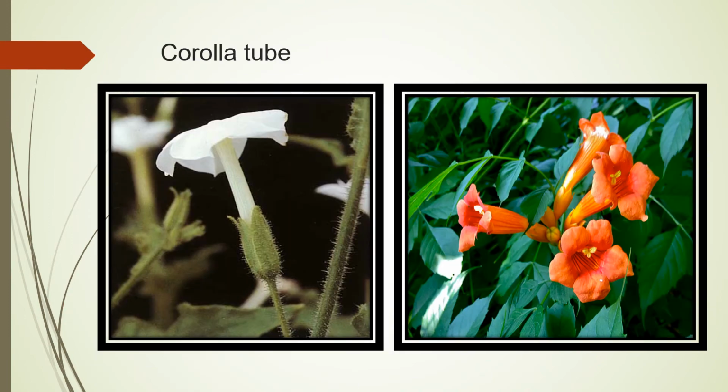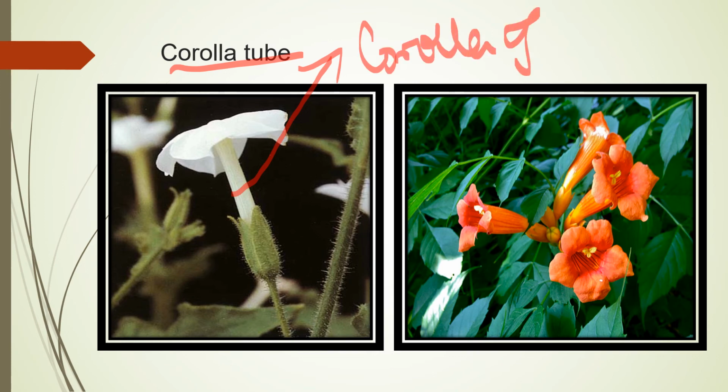Now let us move on to the next part, that is the corolla tube. So what is it actually? When the petals are completely fused, what is it forming? It is forming a tube-like structure. This tube-like structure is called the corolla tube. In this one also you can see it is forming a corolla tube.